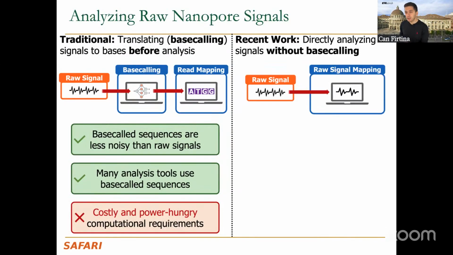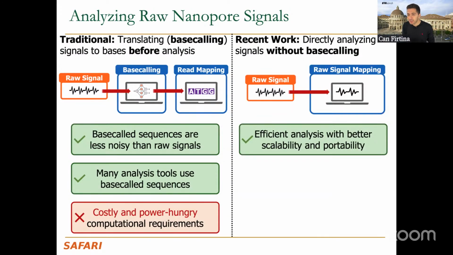There are more recent works that try to eliminate this translator, the base calling, in between, so that we can directly analyze the raw signal. It can perhaps be understood as you don't need a translator anymore, because now you have learned the language, so you can directly talk in this particular language and do your analysis.